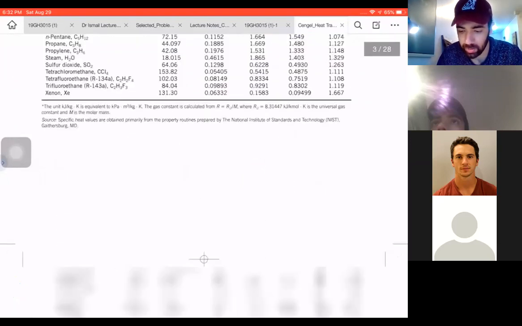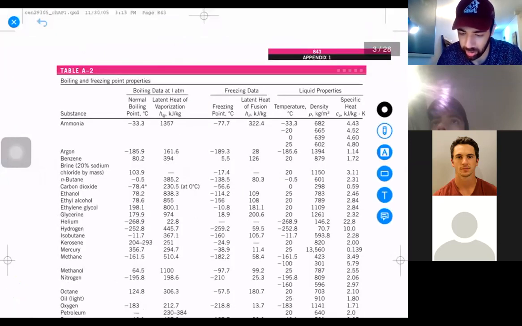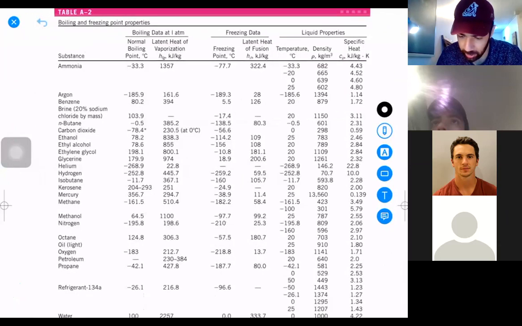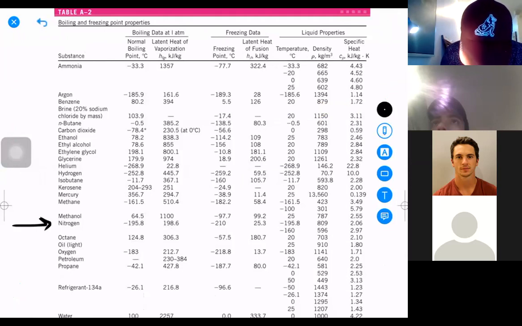Okay, in the second table, if you find nitrogen here, you have nitrogen at a boiling point of minus 195.8, which is very close to what we have for our nitrogen now, minus 196, only 0.2 degrees Celsius difference.